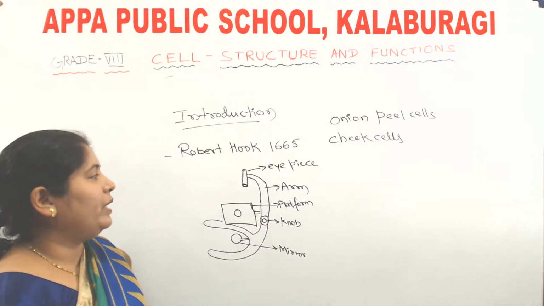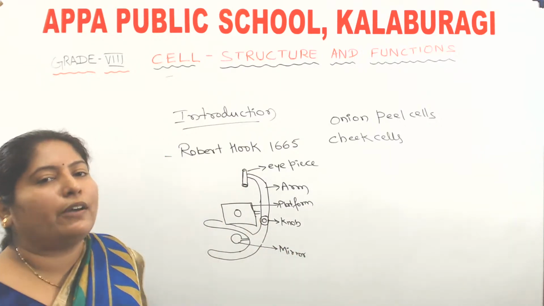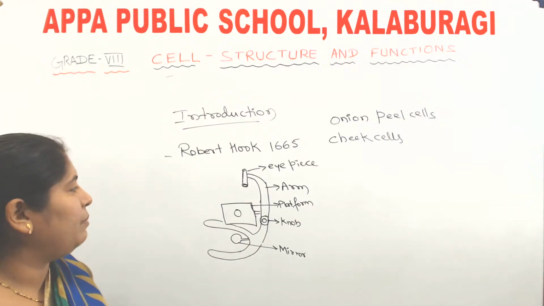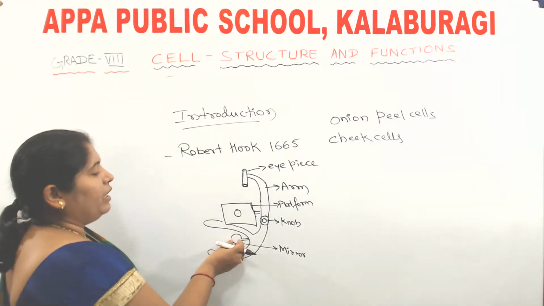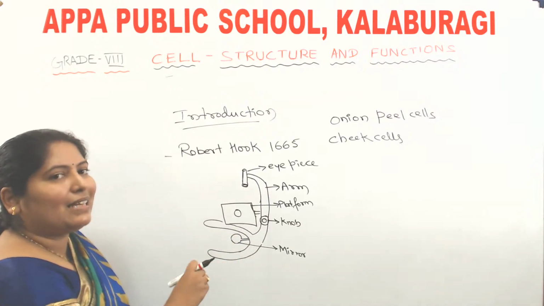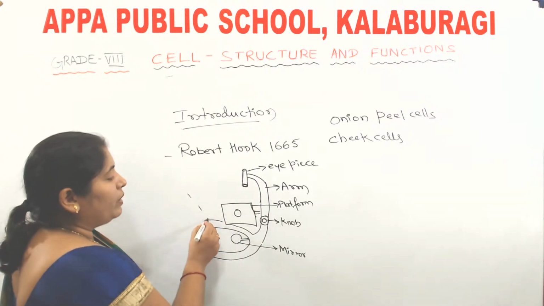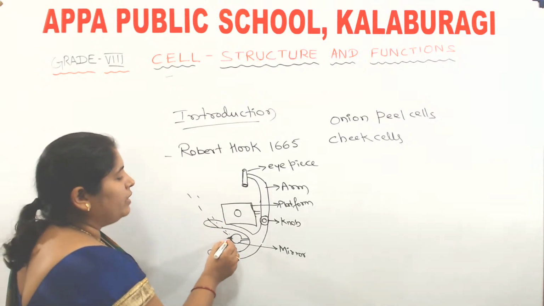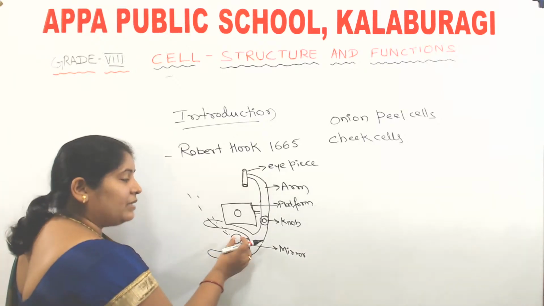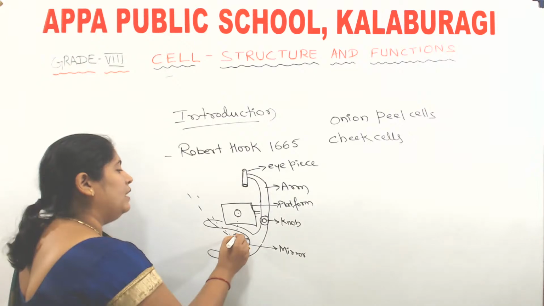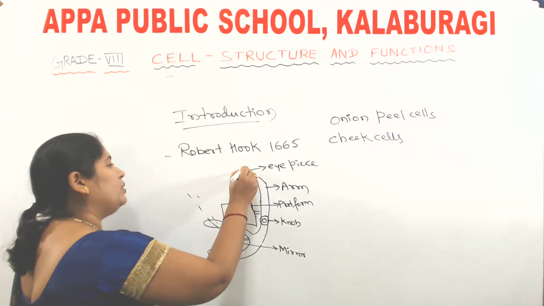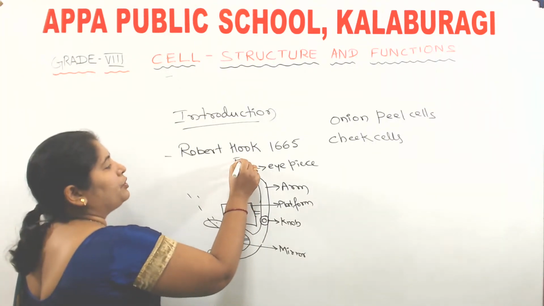Usually this microscope requires a natural source of light, so we can use it only during the daytime. We have to adjust the mirror so that the rays of the sun pass through the lenses, so that we can see the picture.